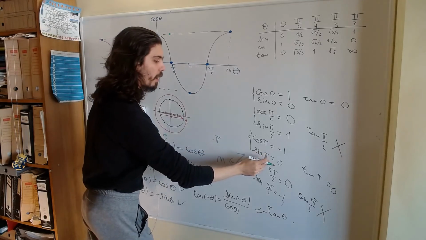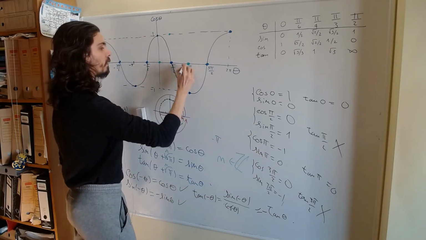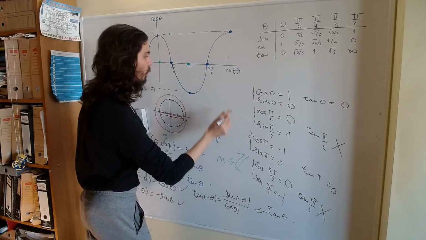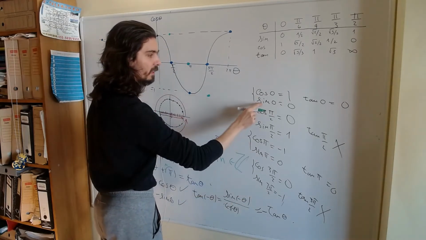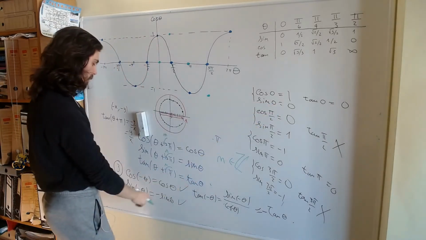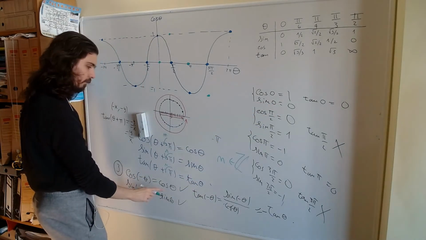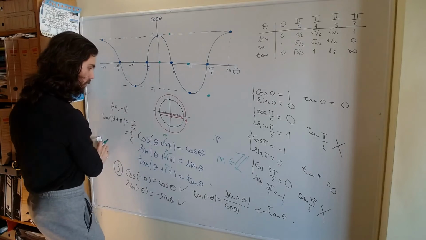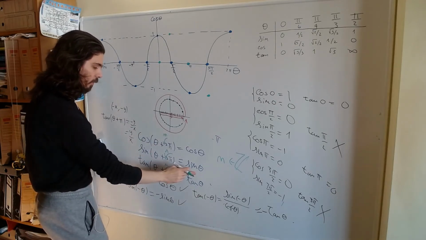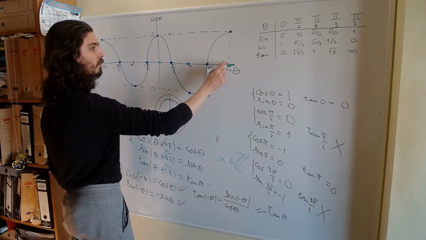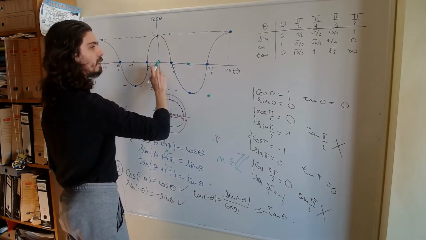Sine of pi is 0. Sine of 3 pi over 2 is -1. And finally, sine of 0 plus 2 pi is again sine of 0, so this value here is the same as this, so it's 0.